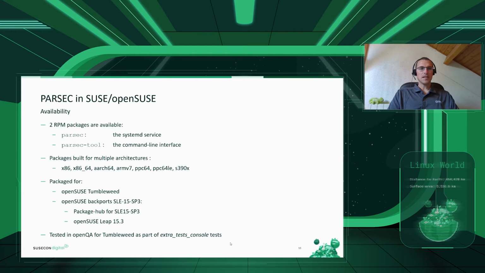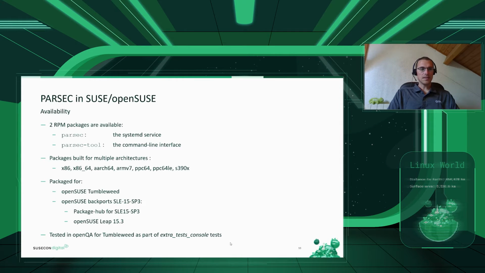Those 2 packages are built for multiple architectures. So it includes x86, AArch64, and even PowerPC. And this is packaged for OpenSUSE Tumbleweed, of course, but also in OpenSUSE backports SLE15 SP3. So it will be available in Package Hub for SLE15 SP3, but also for openSUSE Leap 15.3.